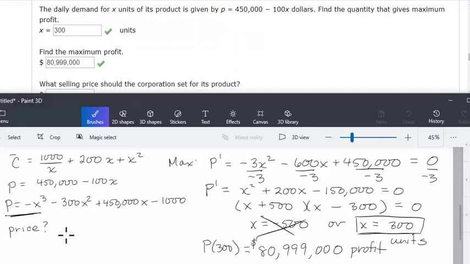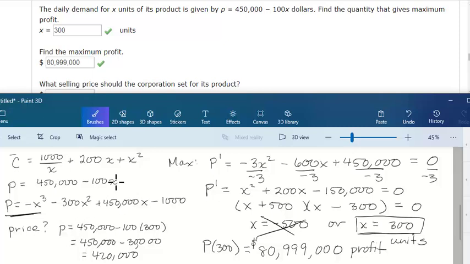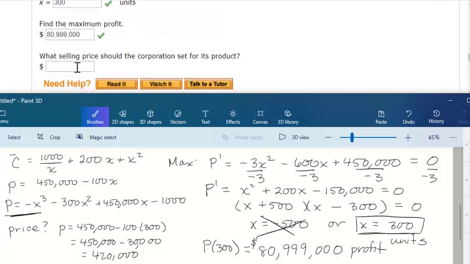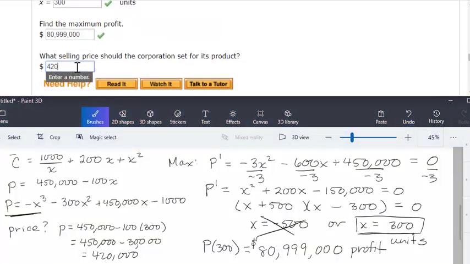So price will be 450,000 minus 100 times 300, plug in x. 450,000 minus 30,000 is 420,000. I don't know what they're selling, but that's a hefty item.